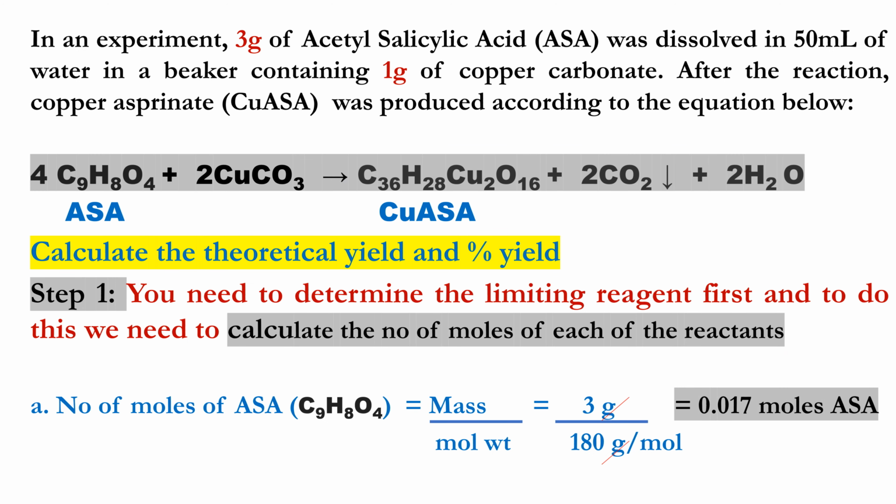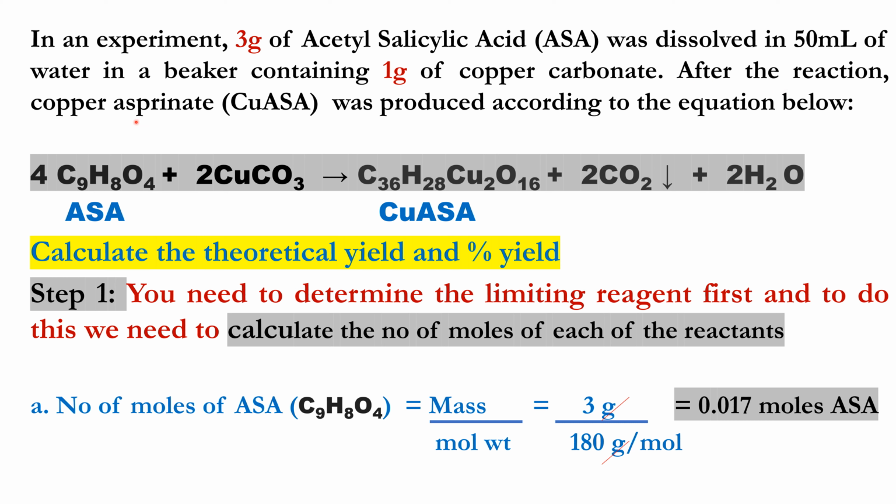So let's have a look at this example. In an experiment, 3 grams of acetylsalicylic acid, abbreviated ASA, was dissolved in 50 ml of water in a beaker containing 1 gram of copper-2 carbonate.